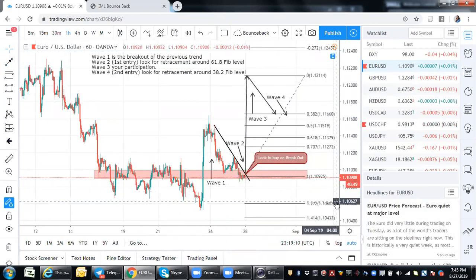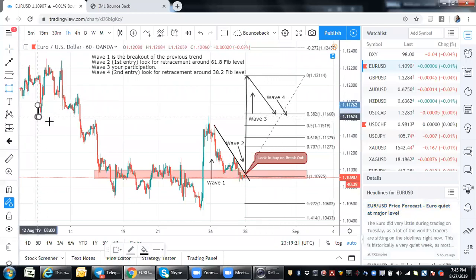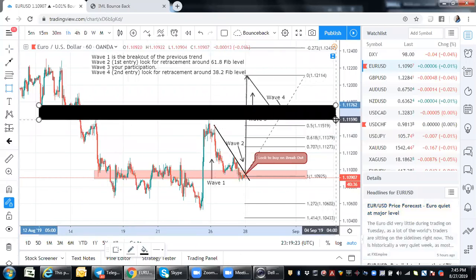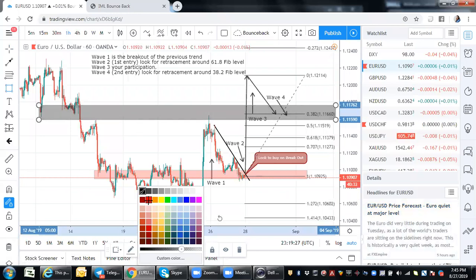So wave 4, you want to look for your entry around 38.2, which is around here. So let's see what we have around 38.2. Give me a second. Let me change that. Make that red.